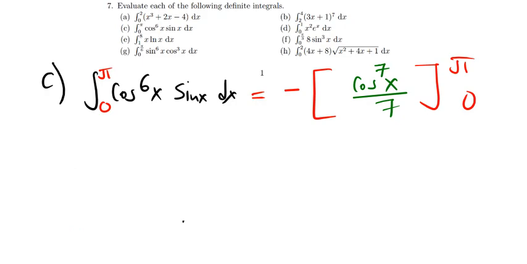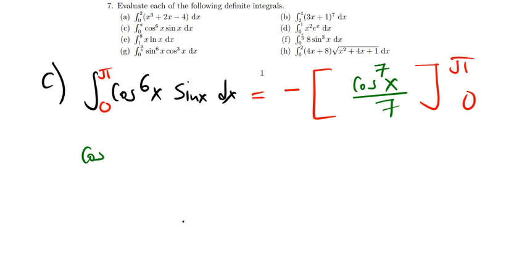So now we've got a negative right there, a negative outside that you can just overlook. Then see what you're going to have. We've got pi and 0, right? So what is cosine of pi?